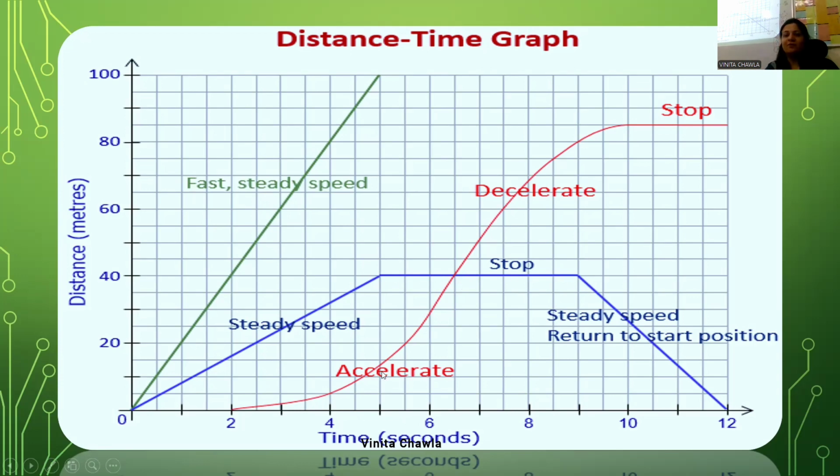When you see, at 5 seconds distance is 40 meters, 6 seconds again the same distance, 7 seconds we have the same distance, 8 same distance, 9 same distance. What does it mean? What does this indicate? Object is not moving at all, it is at rest. Okay.